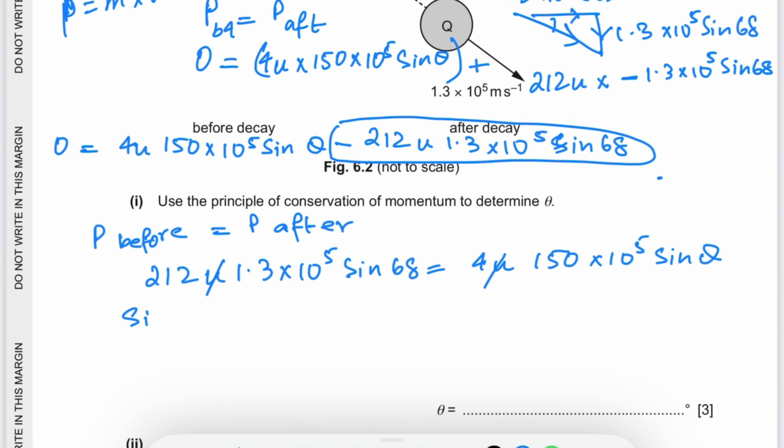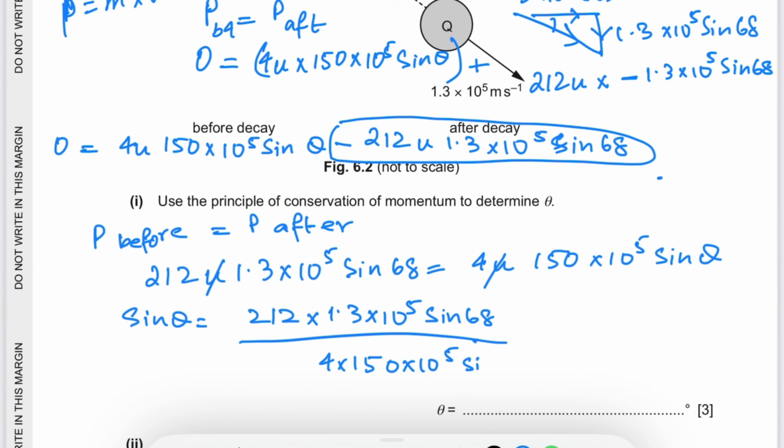That means sine theta is equal to, and then theta is sine inverse of that, which is equal to 25 degrees, corrected to two significant figures.